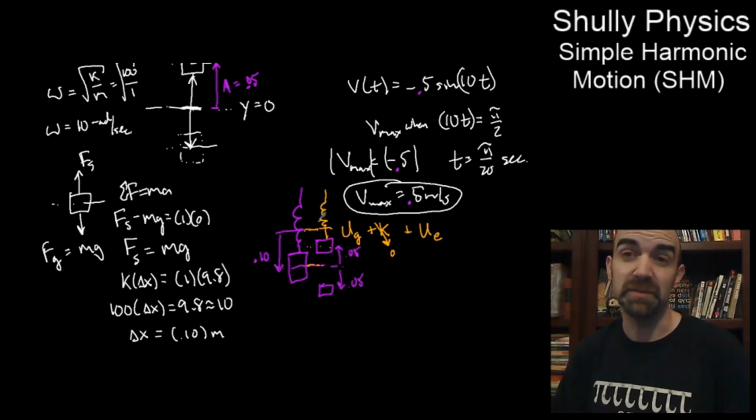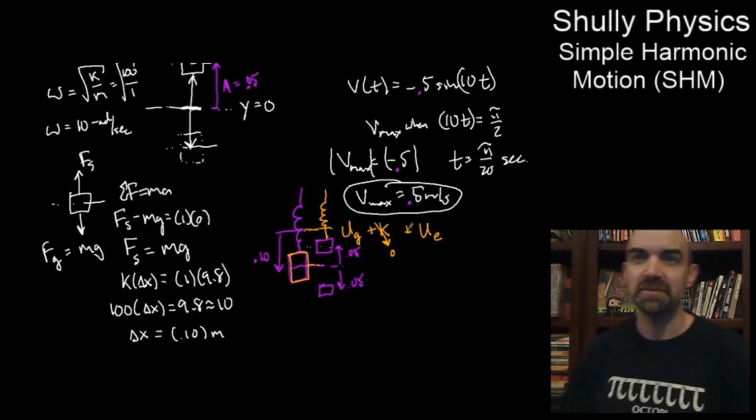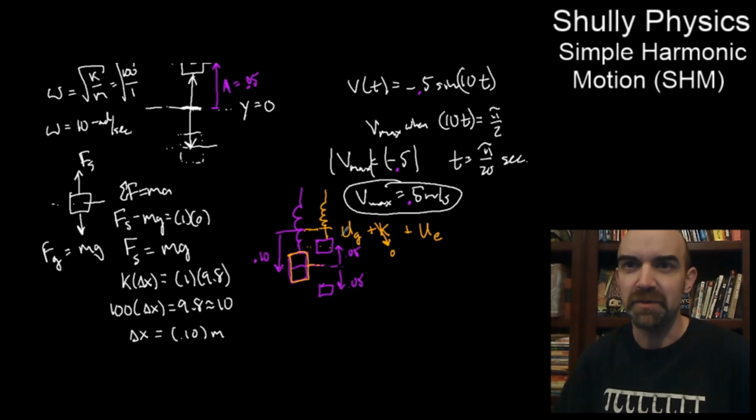This is the spring's rest position, not the system. When the system comes to rest, the mass is hanging right there in the middle. Should make that defined there. All right, so at the top of its motion right here, there's gravitational potential energy and elastic potential energy. It's pulled out 5 centimeters from its rest position.